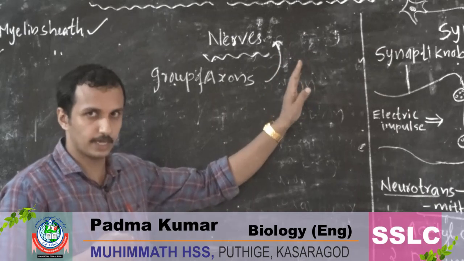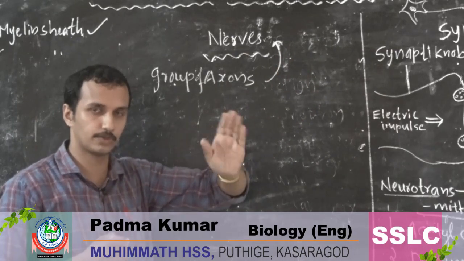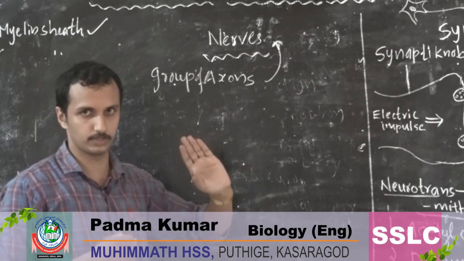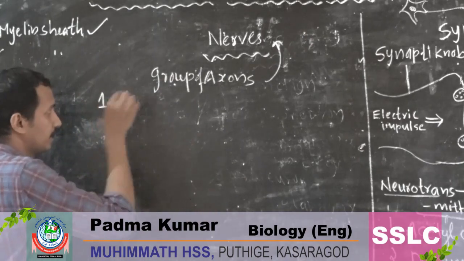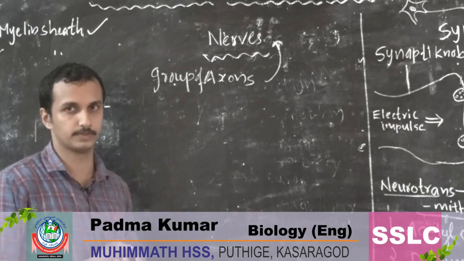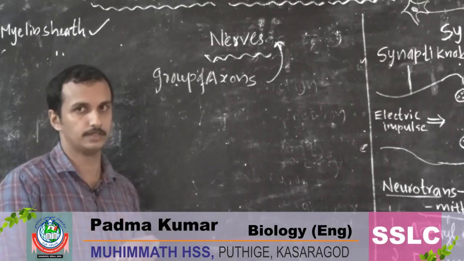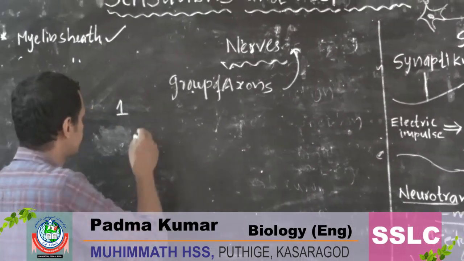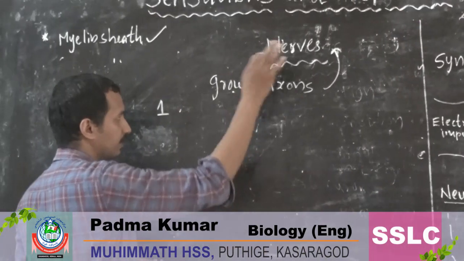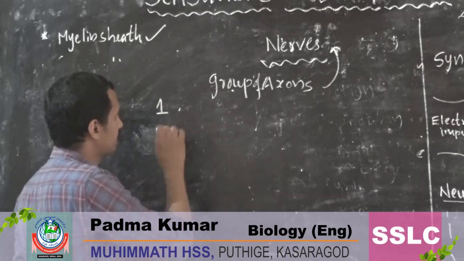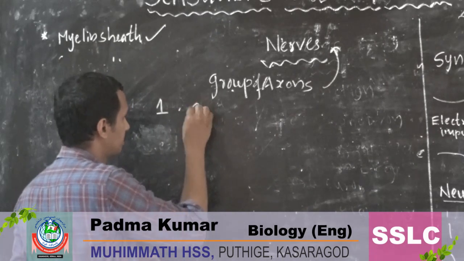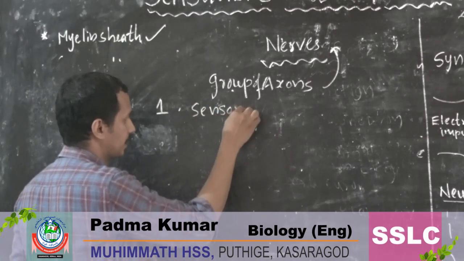We already classified nerve cells into sensory neuron and motor neuron based on the function. Here also we can classify our nerves into different types. First one is called sensory nerve.